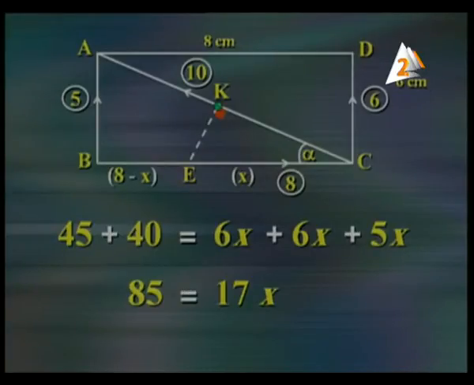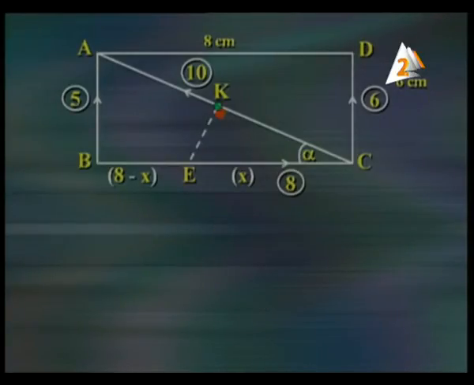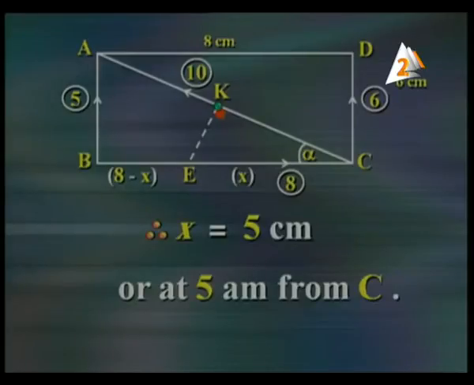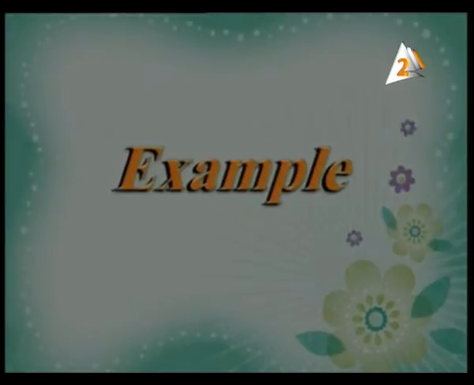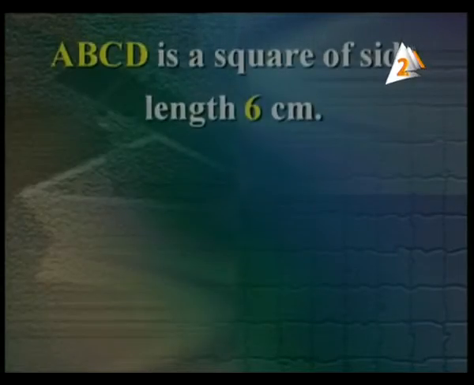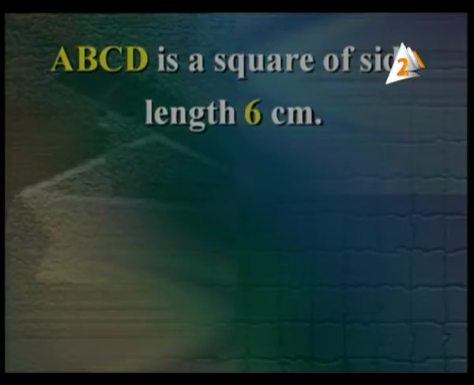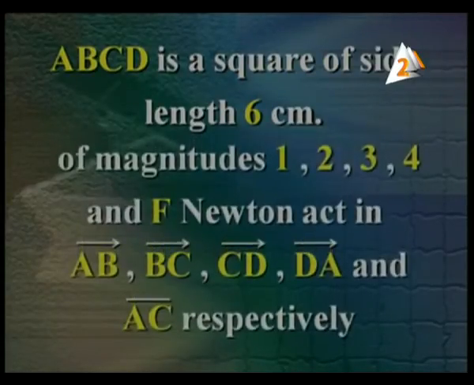Another one. ABCD is a square of side length 6 centimeters. Forces of magnitude 1, 2, 3, 4, and F Newton act in direction of AB, BC, CD, DA, and AC respectively.